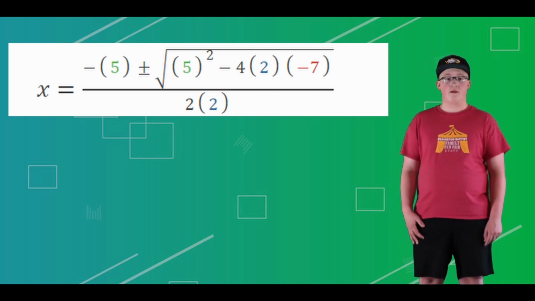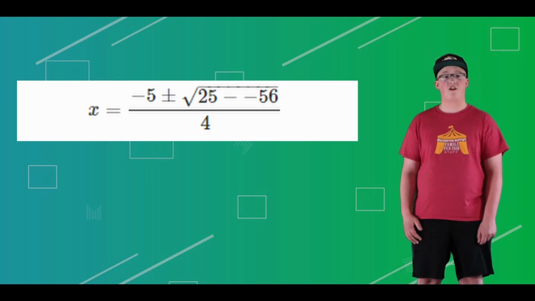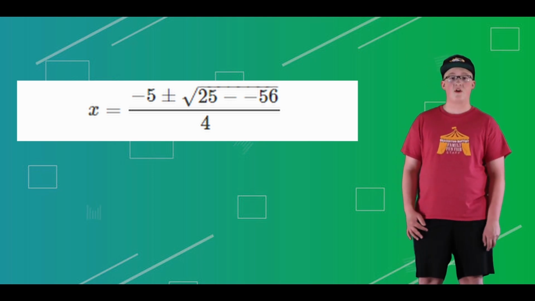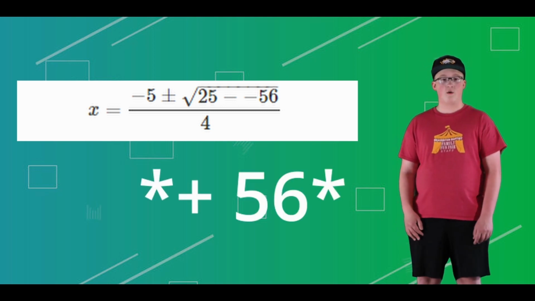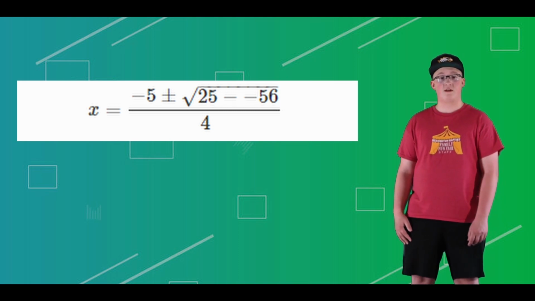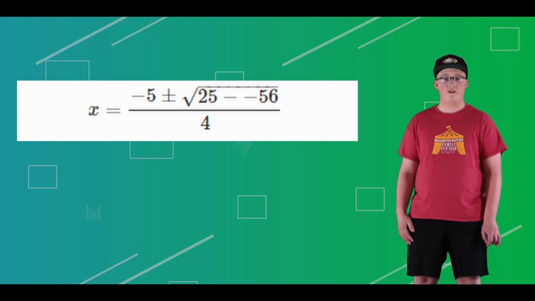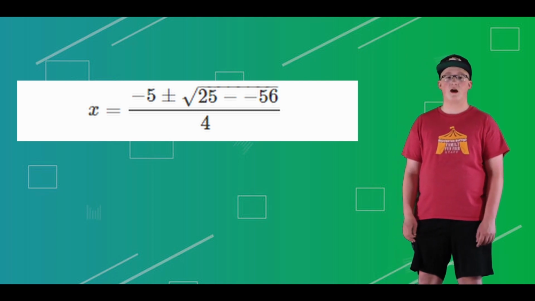We can simplify it to -5 plus or minus the square root of 25, which is 5 squared, plus 56, which is what happens when you get -4 times 2 times -7. And then it is divided by 4, which is what happens when you have 2 times 2.